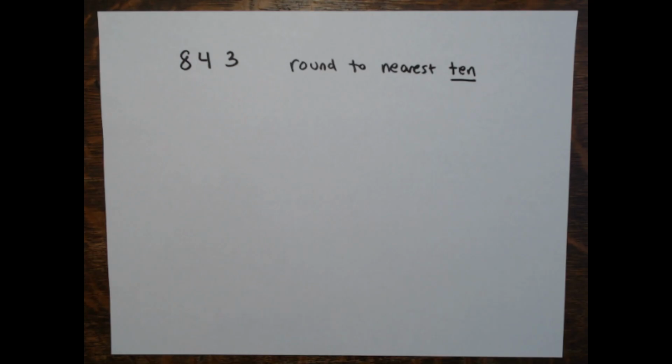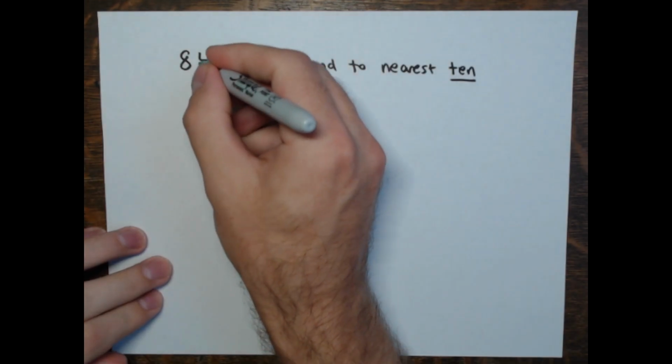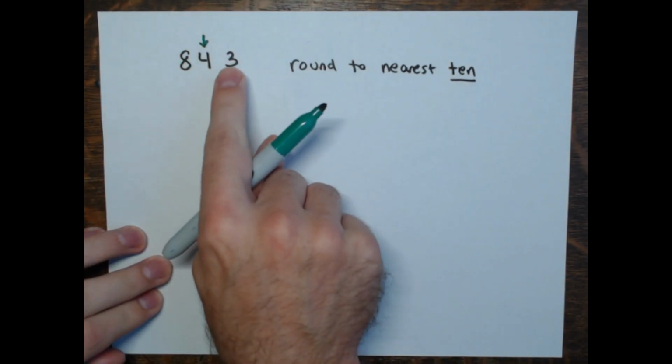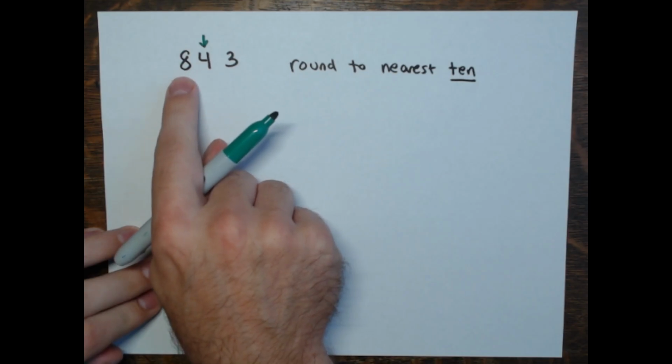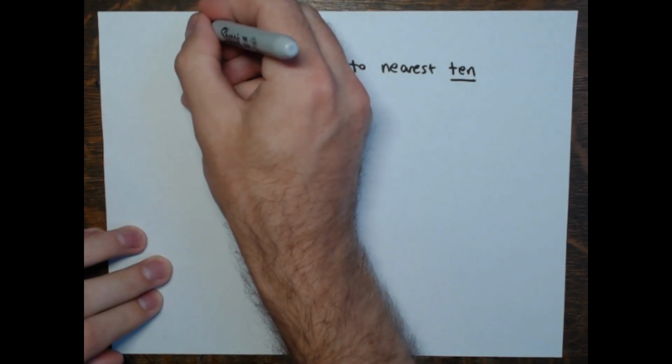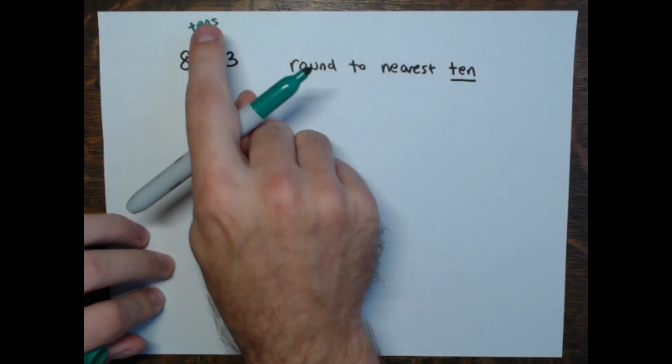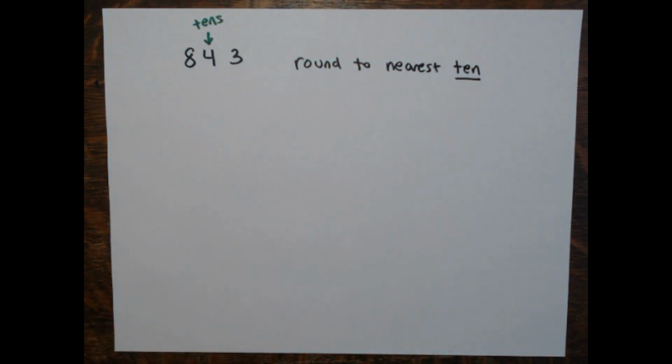All right, so I'm going to locate the tens place, which is here. You get the ones, the tens, the hundreds. So here's the tens.